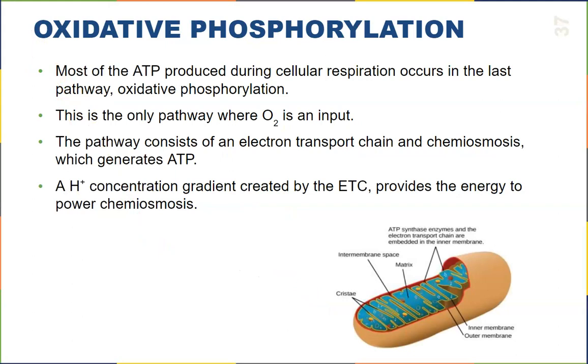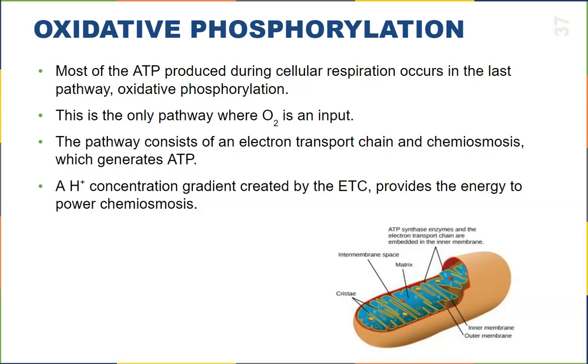In oxidative phosphorylation, most of the ATP is produced here. This is actually the only pathway where oxygen is used. So remember, oxygen is one of our items that we need to start aerobic respiration, but we don't actually use it until this final step.